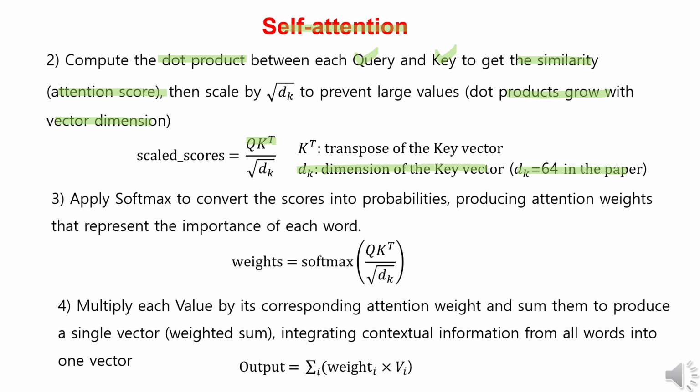Next, we apply the softmax function to these scaled scores, converting them into attention weights, which represent how important each word is in probabilistic terms. Finally, these attention weights are multiplied by the corresponding value vectors, and then summed together to produce a single weighted sum vector. This vector represents the result of integrating information that is distributed across multiple words in the sentence into a single contextual representation for a given word.